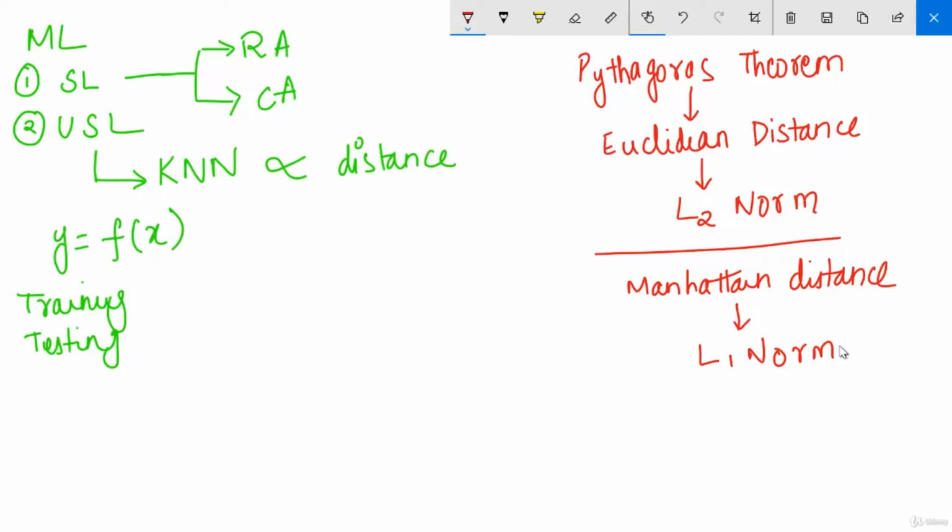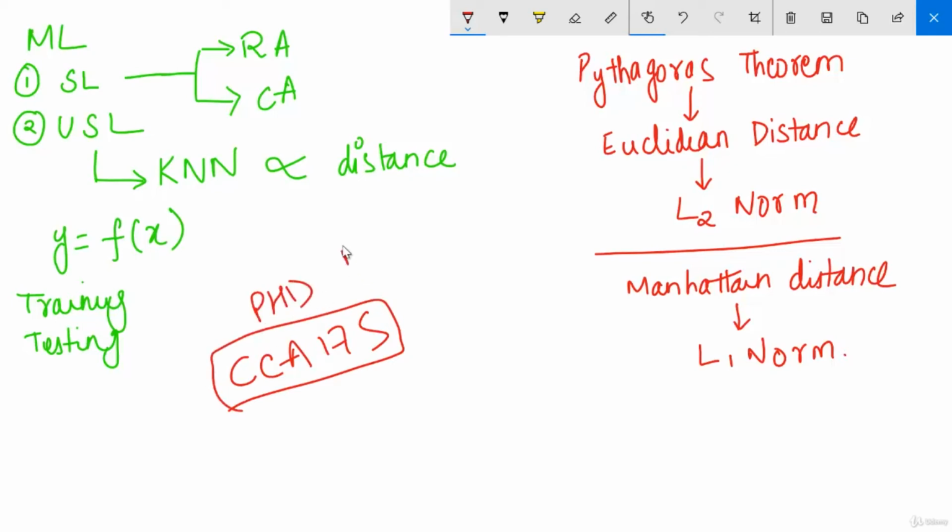Many of my students have already cracked a lot of machine learning and deep learning interviews. There is also a big data exam known as CCA 175. We are not going into big data, but I'm giving those analogies, and it is so easy to remember things that many of my students have already cracked the CCA 175 examination. This is like the PhD of big data.